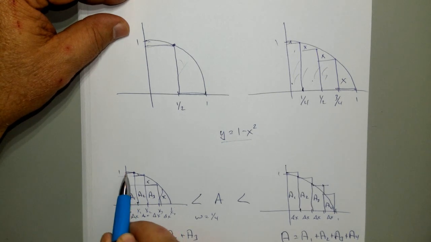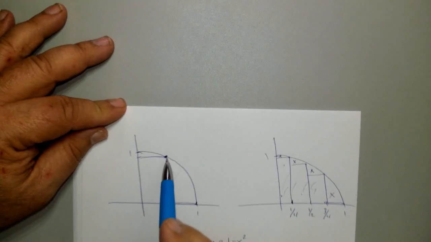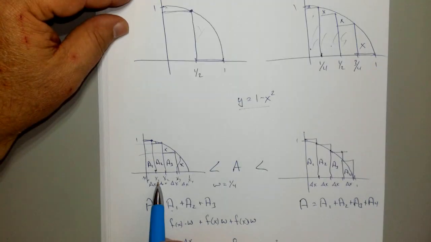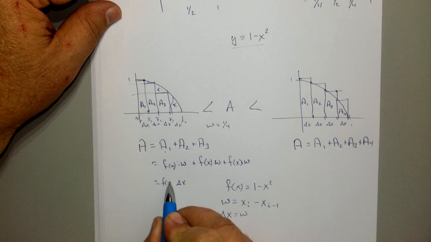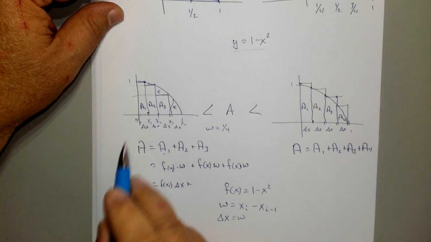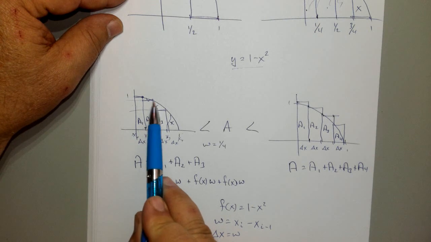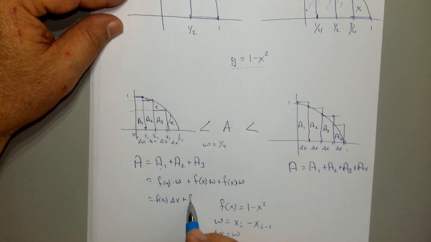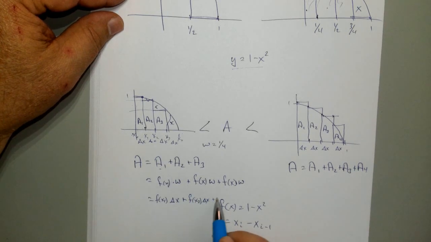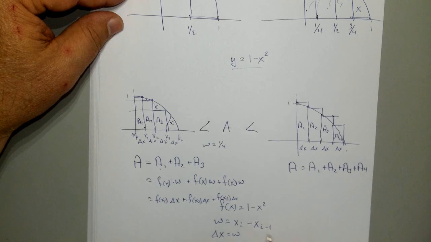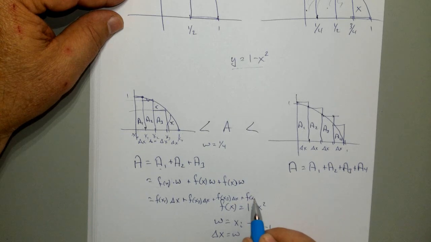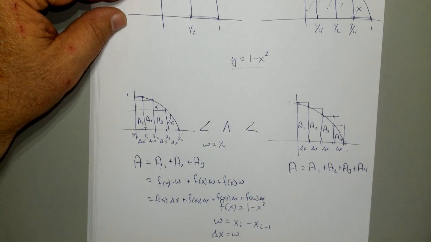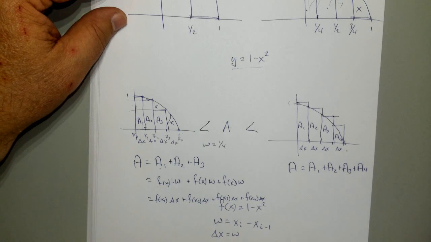We're going from the curve to there. So the first one, we'd pick x1. So this would be f of x1 times delta x. Then the next curve starts off at x2. So it's f of x2 delta x, f of x3 delta x, and f of x4 delta x. Even though this one's going to give us 0.